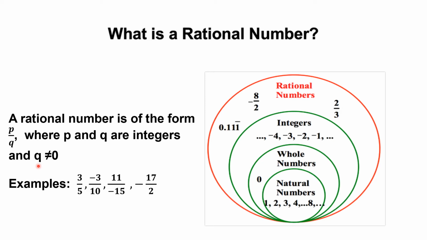So a rational number is in the form of P upon Q, where P and Q both are integers and Q is not equal to 0. Any number which can be written in the form of a fraction like this is known as a rational number.